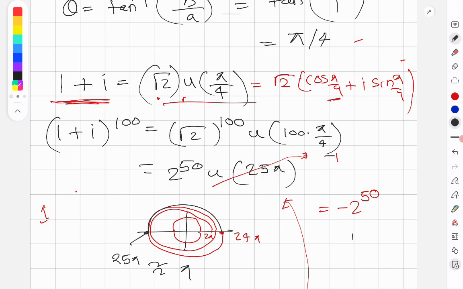So as I have said, the nearest number to 25 is 24 pi. So 24 pi means 12 circles, right, and then you go pi. So instead of writing 25 pi, you can just write pi. It's the same thing. Okay.